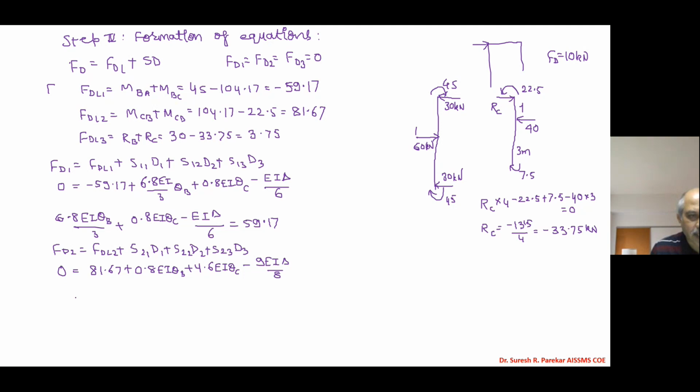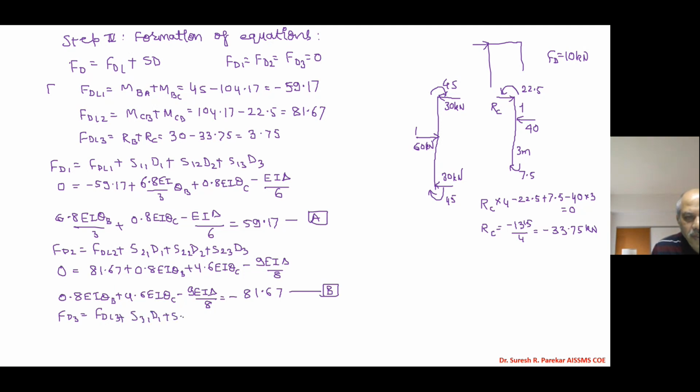And from this we will get the second equation: 0.8 EI theta B plus 4.6 EI theta C minus 9 EI delta by 8, which is minus 81.67. This is equation B, this is A, and then we have equation C.